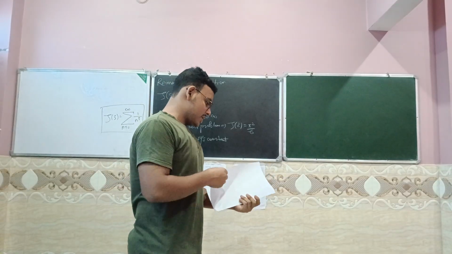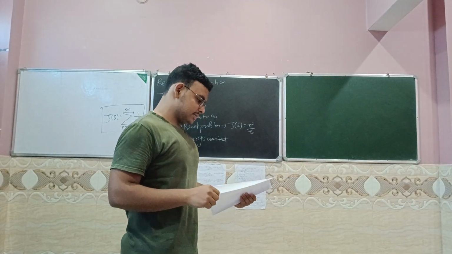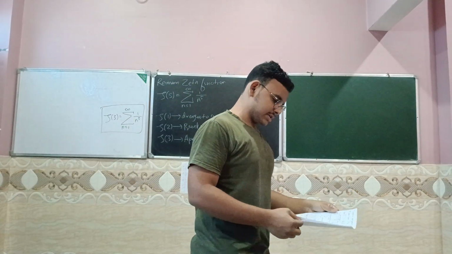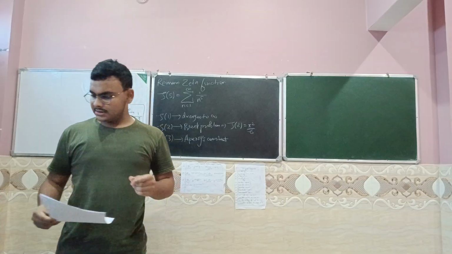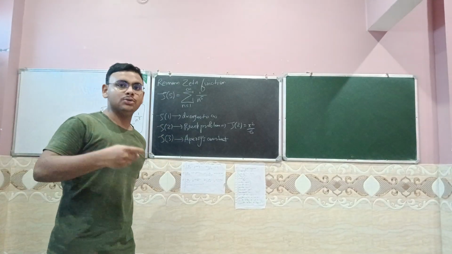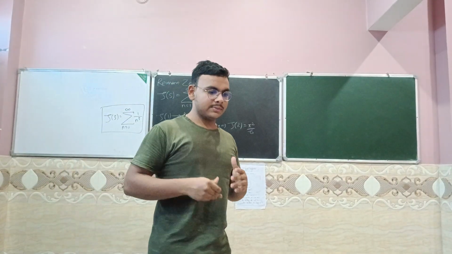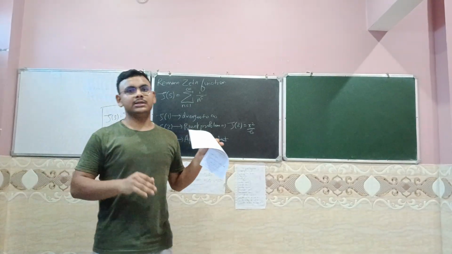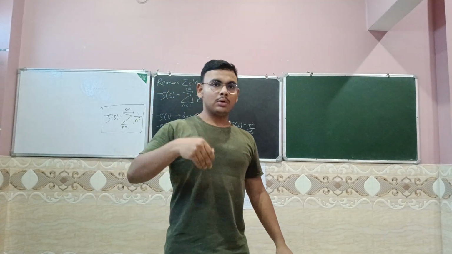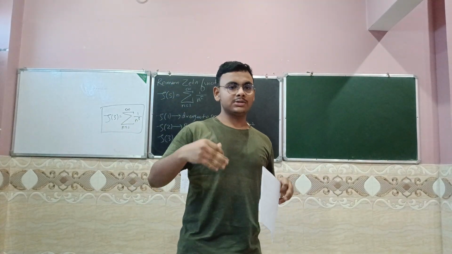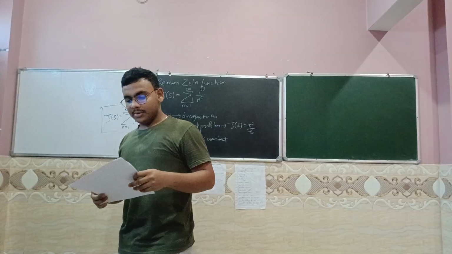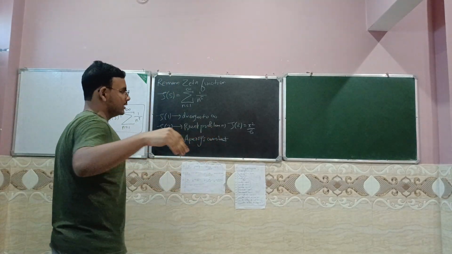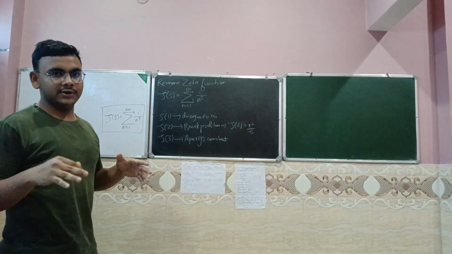According to me, I didn't make any mistake in this. Let's see. I'm not going to copy all of this. I would solve some steps for you, for your comfort, right?